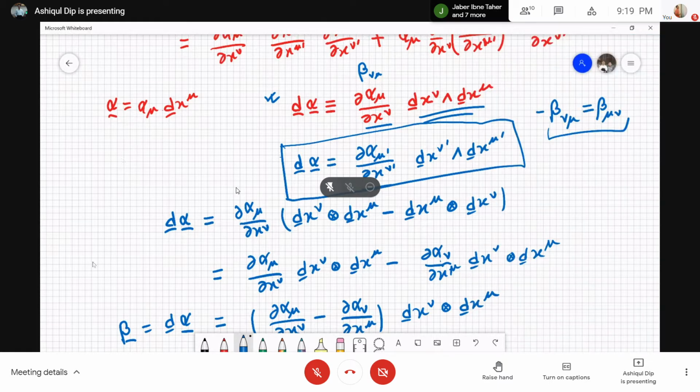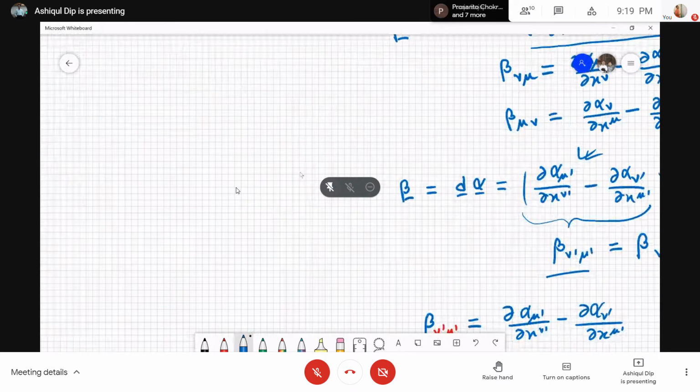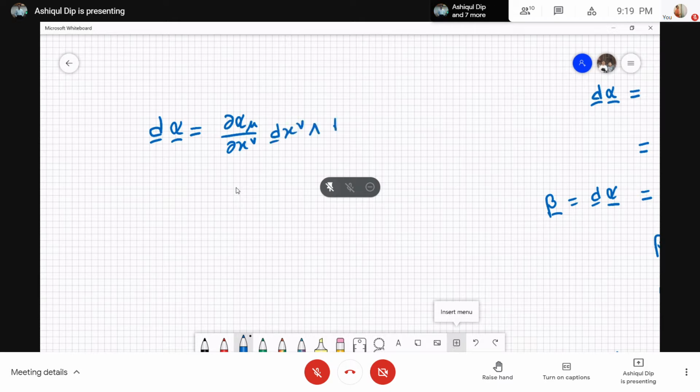Let's write it down again. d alpha we have defined as taking the derivative of the component of alpha with respect to the coordinates, and take this dx mu wedge dx mu, like that. Now as you can see, alpha mu, those are the components, those are just numbers, more like scalar fields, right? Those are not a directional thing, the components only.